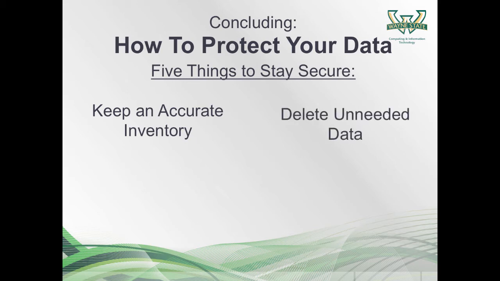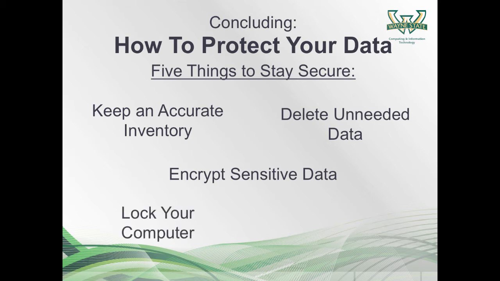You can delete and get rid of data that you don't need and can realistically live without. You can encrypt the sensitive information that you can't get rid of, that you will still end up needing. You can lock your computer and your work area when you are not physically present. And you can be vigilant with your own personal devices, such as laptops, tablets, and smartphones.